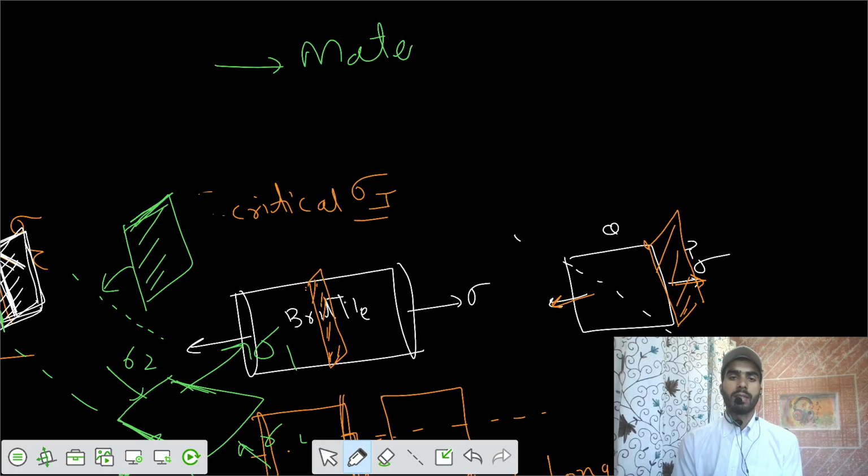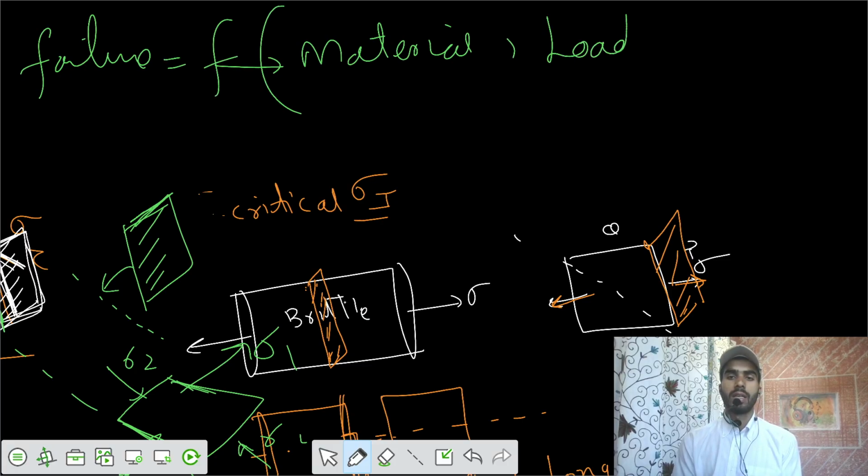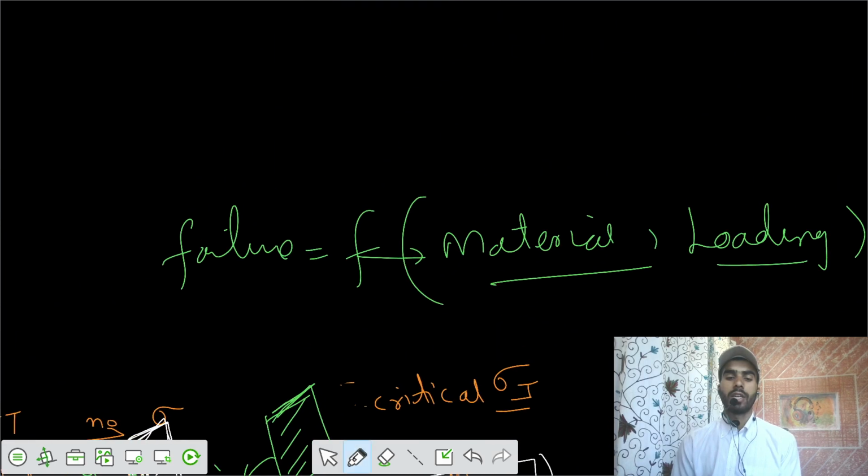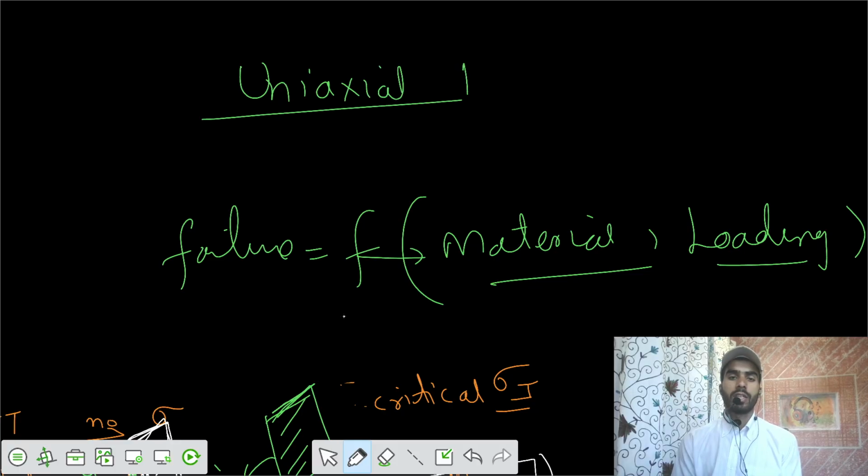So we can say your failure is a function of material and loading. We can also say that this whole study was about stresses in one direction only. This is called uniaxial loading. So we studied failures in uniaxial loading.